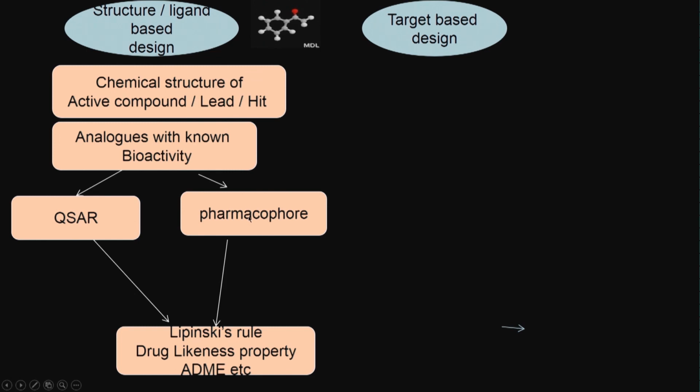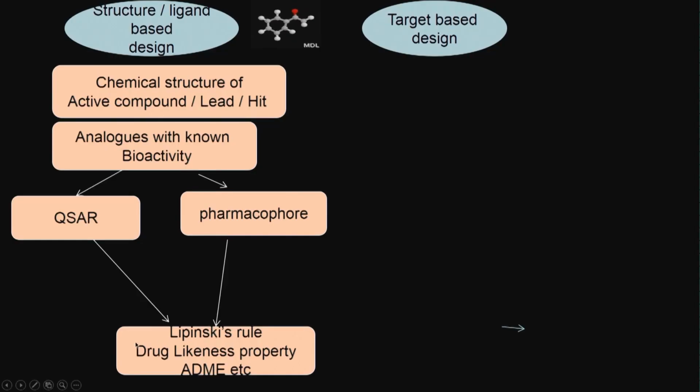That means I know what are the functional groups responsible for certain activities, so I try to retain all these. So I design new molecules by retaining certain important functional properties. I design structure activity relationship, and then of course later on I use drug likeness property, Lipinski's rule, ADME property, all these to shortlist molecules. Okay, this is called the ligand based approach.